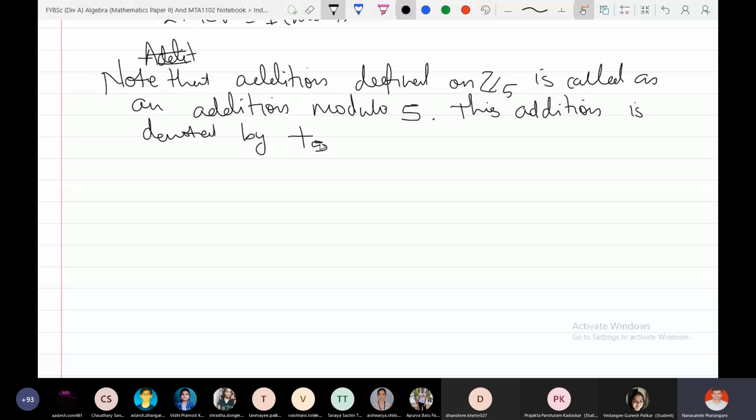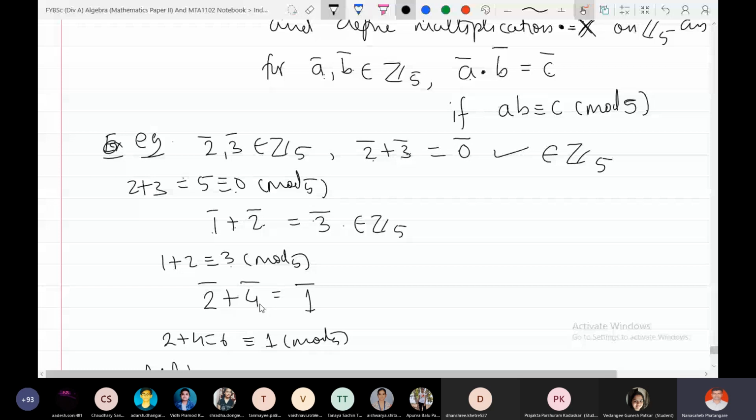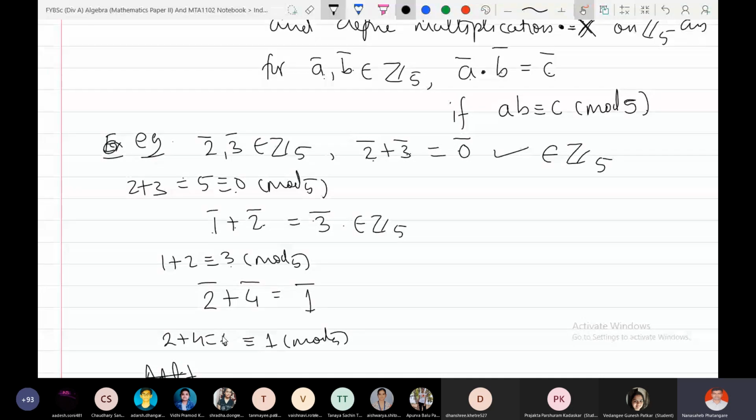How do we add natural numbers or real numbers? It is something different, right? This is modulo. So when we add two classes, then we look at the representatives and add the representatives, and the class of that sum is the answer. What is the class of 6? Class of 6 and 1 is the same.